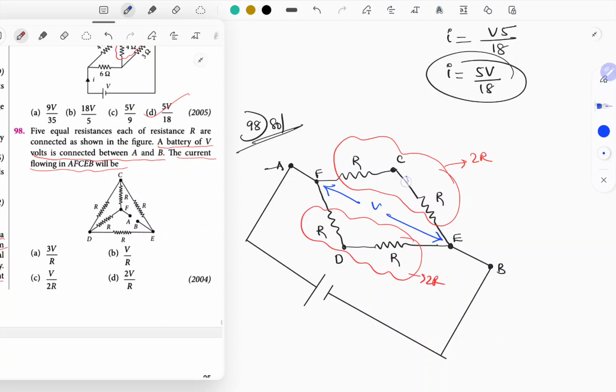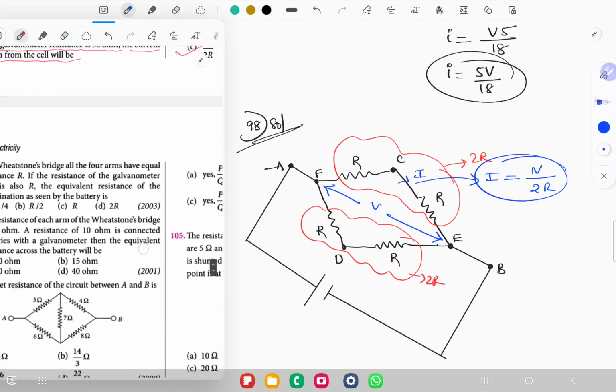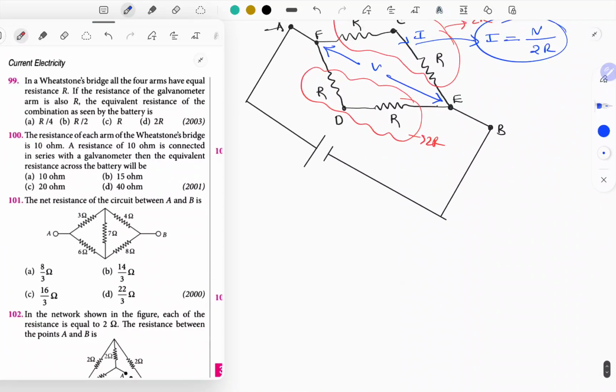I need the current flowing through it. I know the total voltage is V and the total resistance is 2R, so I equals V by 2R. That's the value of current flowing through A F C E B. Which option? Option C is the correct answer. Understood? Very good. Let's move on to the next question.